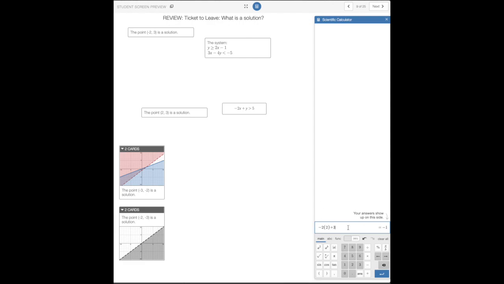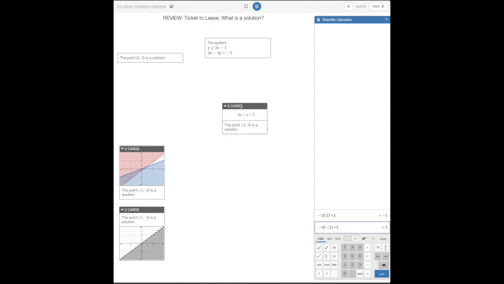Is negative 1 greater than 5? Nope. So it ain't this one. It must be this one. So let's just double check this. I want to press enter. Let's try this again. Negative 2 times negative 2 plus 3. All right, I get 7. Is 7 greater than 5? Yes, so this is a match.